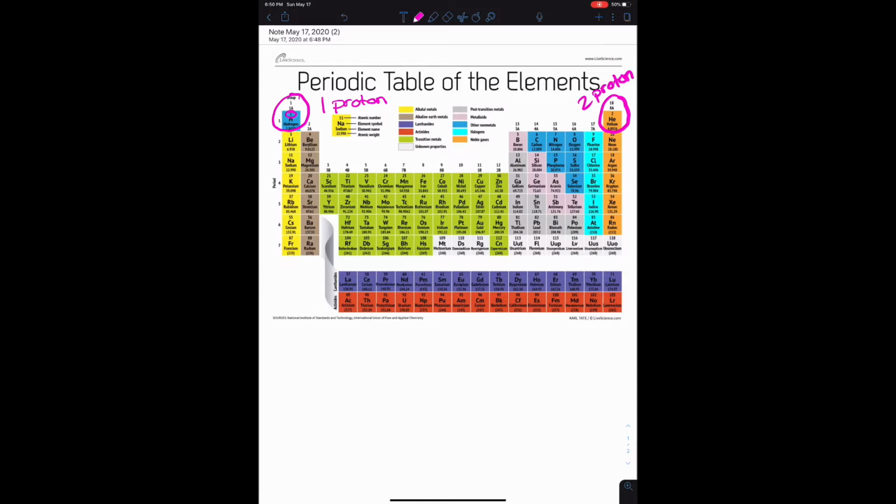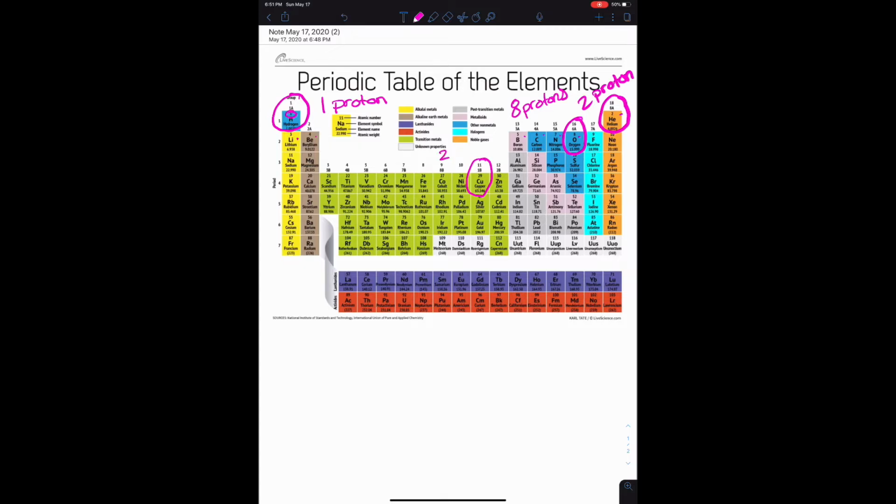So you can see the atomic number right there is 2. Here is oxygen, and oxygen has 8 protons. Okay? So it's ordered from 1, 2, 3, 4, 5, 6, 7, 8. Does that make sense?